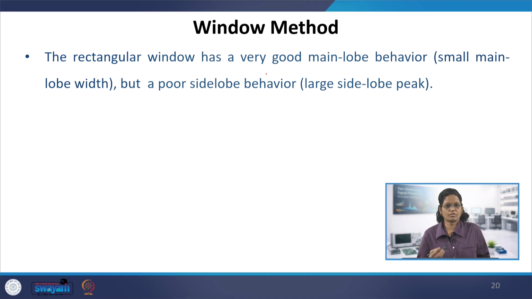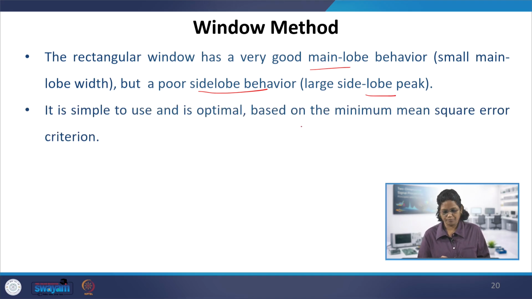So now if we know the characteristics of it, the rectangular window has very good main lobe behavior, that is, a small main lobe width, and poor side lobe behavior. That means the side lobes have higher dB, that is minus 13.3 dB at the first peak of the side lobe. So the large side lobe peak, we had seen that.